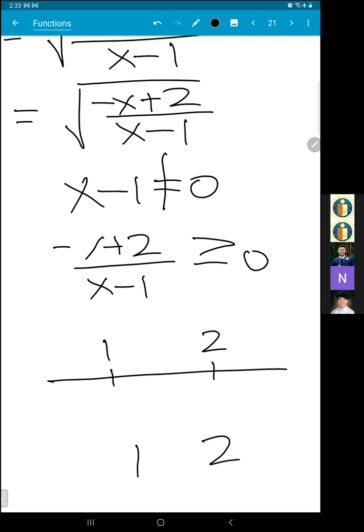And then you put those partition numbers on the real line, and you pick a test number for each subinterval, and whatever the sign, remember, will be the sign of the entire interval. So doing away with those steps, let me just give you the order of signs from right to left. It would be negative, positive, negative.